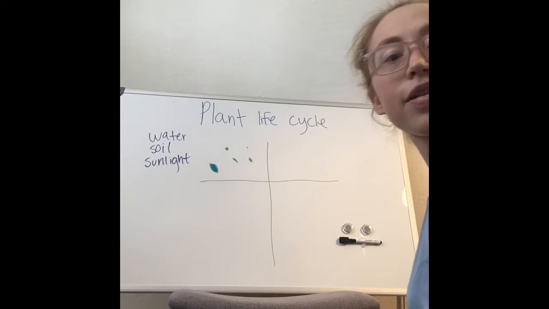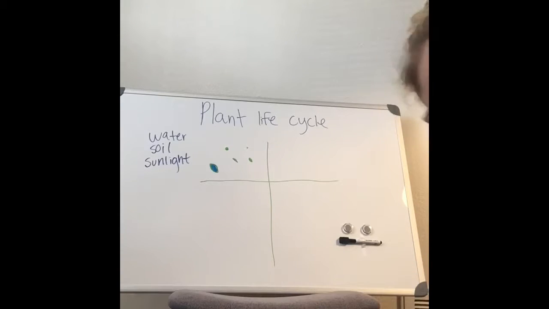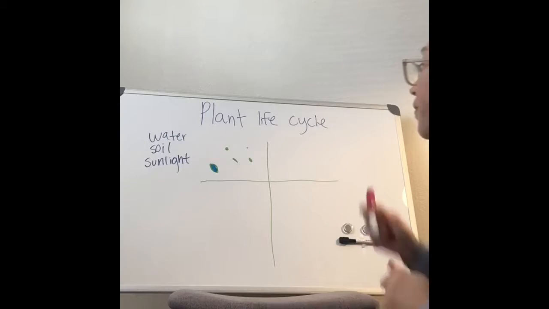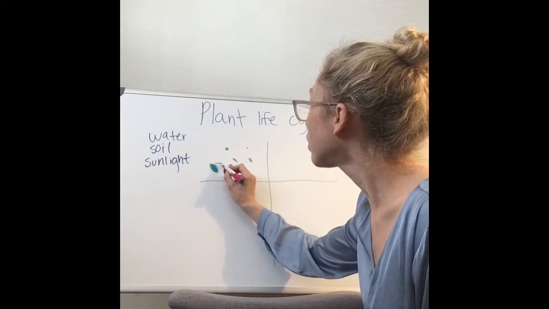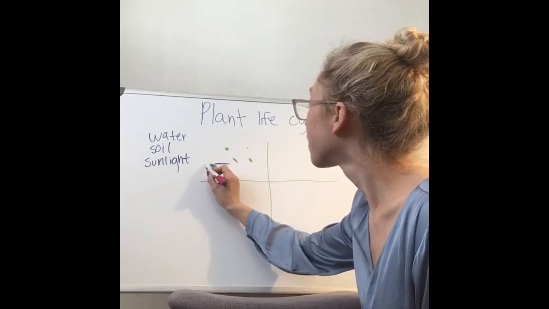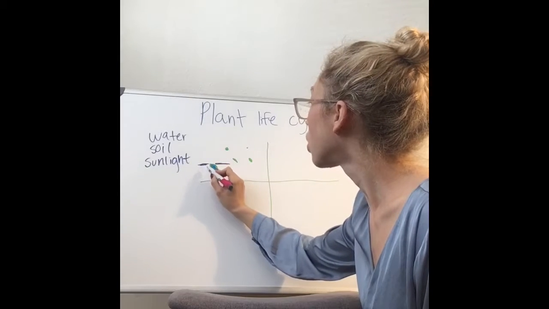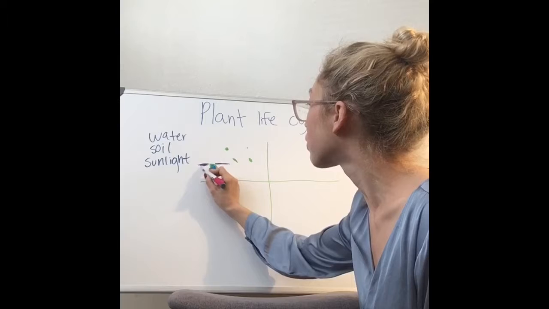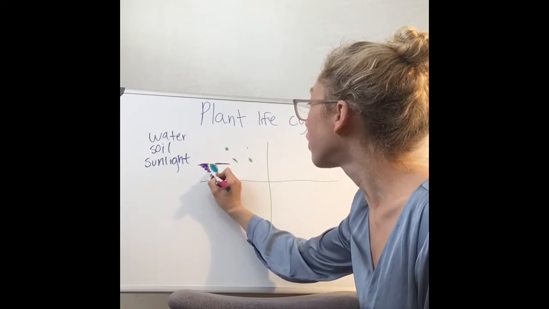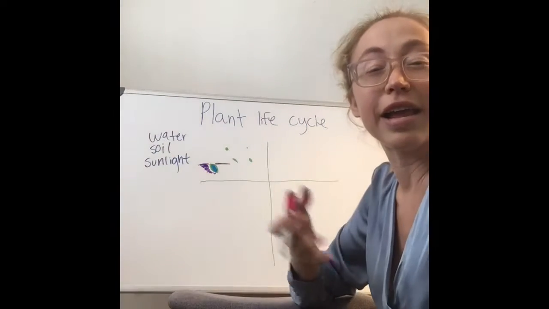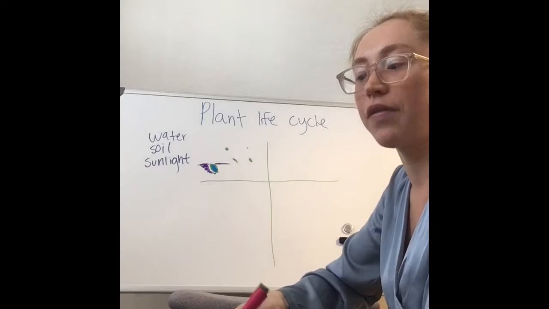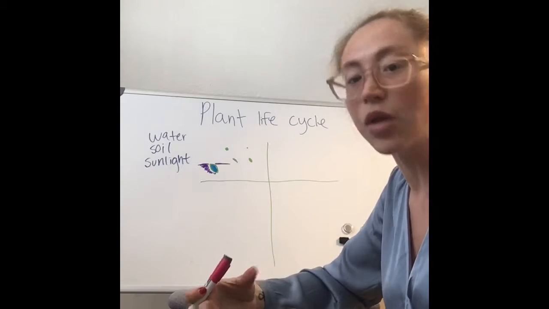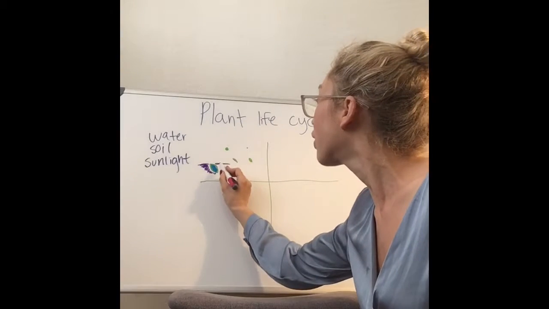When seeds are placed into dirt, it could either be inside of the soil or it could be right on top of the soil. So this could be soil that is on the ground or in the ground, or it could be if you want to put soil in a pot and you want to grow a plant at your house.